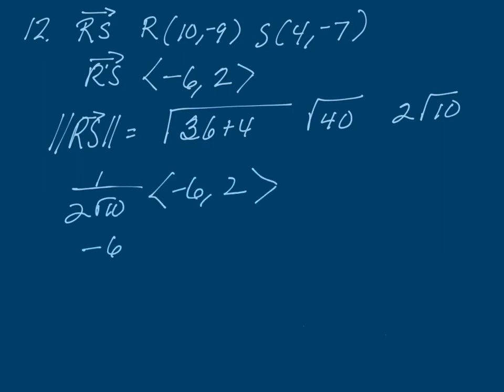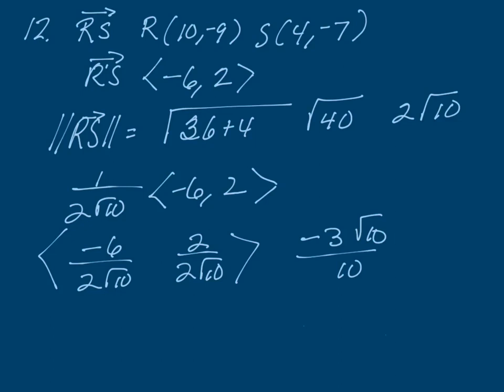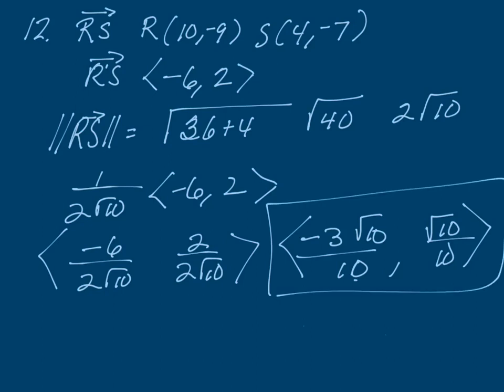And so you have negative 6 over 2 square root of 10 and 2 over 2 square root of 10. So that's negative 3 square root of 10 over 10, and 1 square root of 10, so I don't need the 1, so oops, square root of 10 over 10. So negative 3 square root of 10 over 10 and square root of 10 over 10 will be your final answer. All right, I'll stop with that group and we'll do the next ones in the next video.